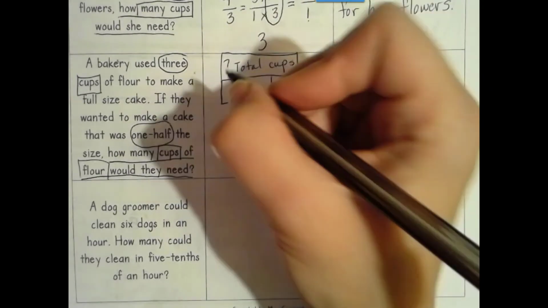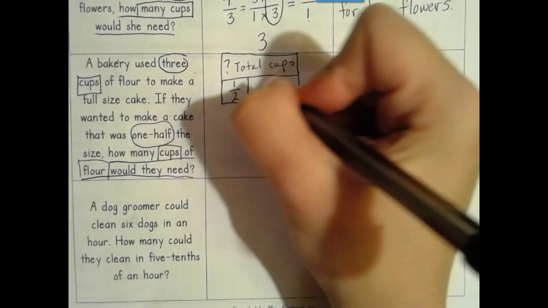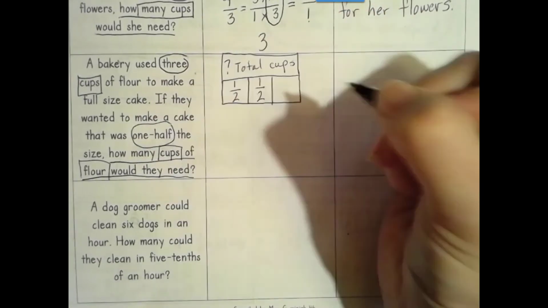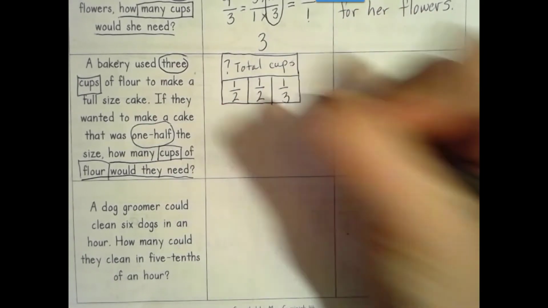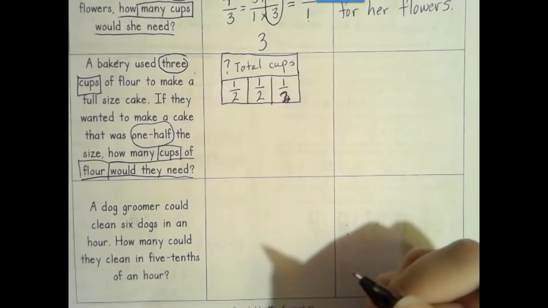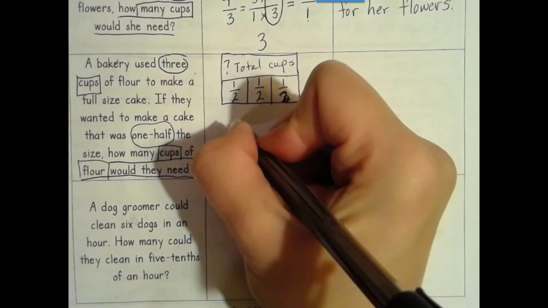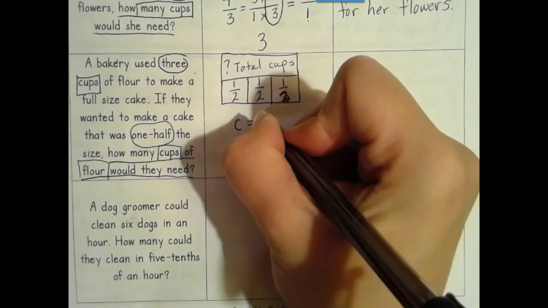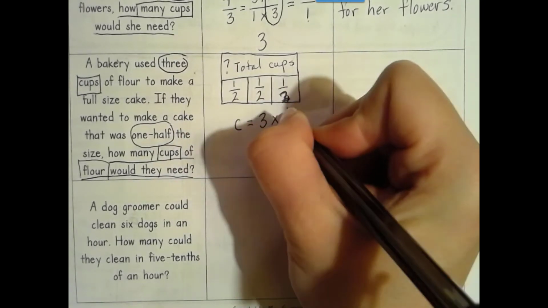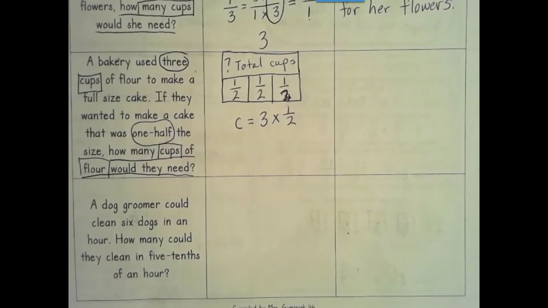So I need half of 1 cup, half of a second cup, and half of a third cup. So for the cups of flour, I need 3 times 1/2, or 1/2 of 3.